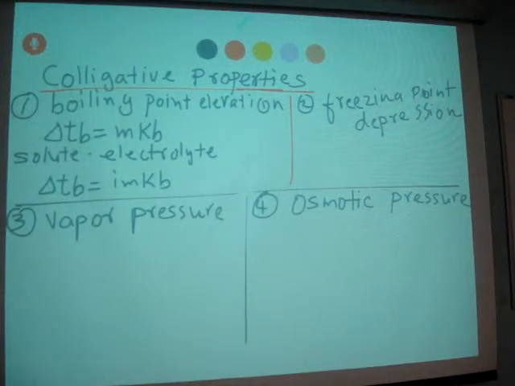So that way you can find boiling point elevation.